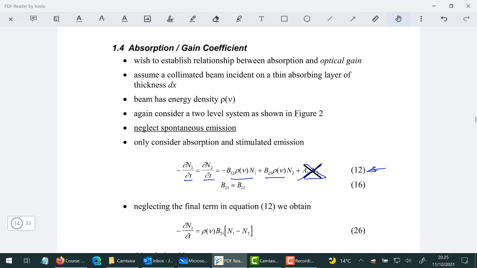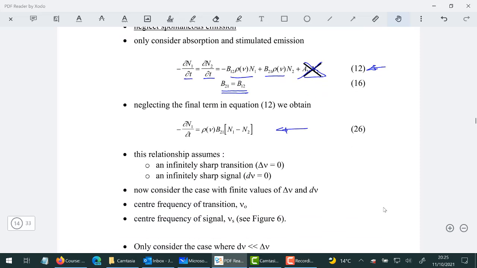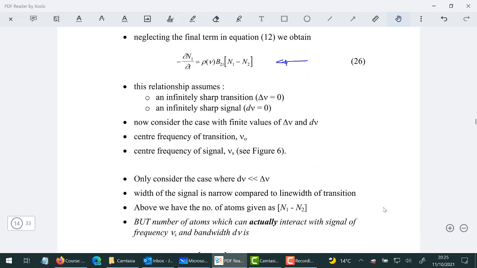Okay. We also made some assumptions about the degeneracy, and we said B12 equals B21, and that means that we can rearrange this equation to get this answer here, which you'll see that the rate of change of the number of atoms in level 1 depends on the difference between the number of atoms in level 1 and level 2, and also depends on the number of photons coming in.